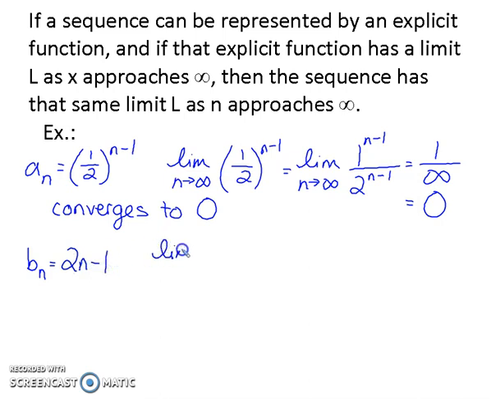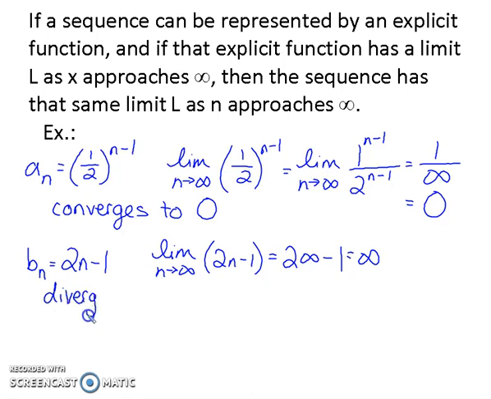Another example, what if we have b sub n equals 2n minus 1? Well, the limit as n approaches infinity for 2n minus 1 is 2 infinity minus 1. That's infinity. Therefore, b sub n diverges. Okay?